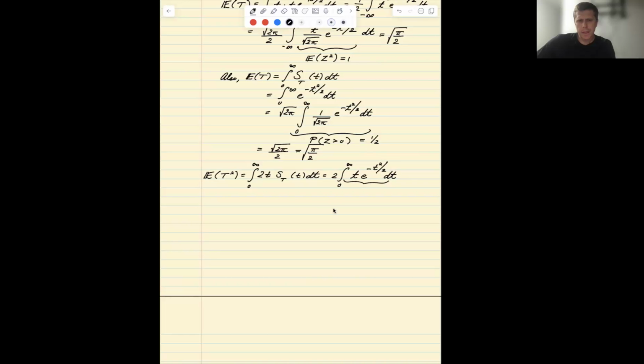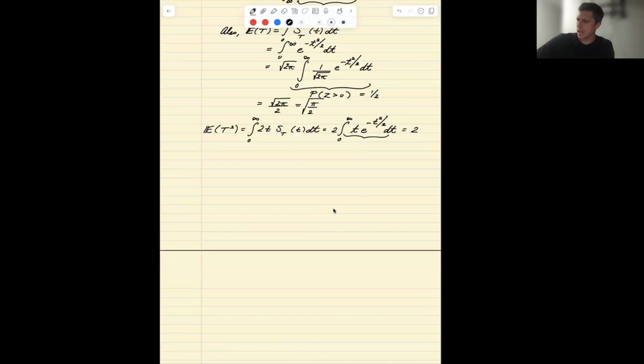And we see that, if we work this out, which we can do with integration by parts, and we've done this in the past in the Gaussian case, then we'll see that this is equal to 2.